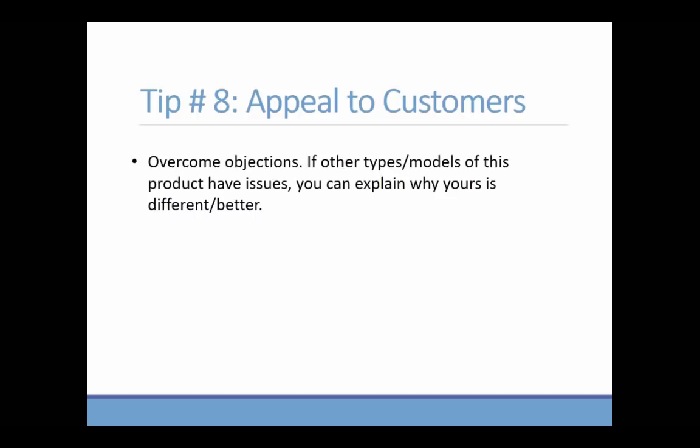If that's the case, you can explain why yours is different or better or safer or whatever the case may be and overcome objections, and that will connect with your customers. Those lifestyle uses that we talked about earlier, incorporate those into bullets to make them more personal.